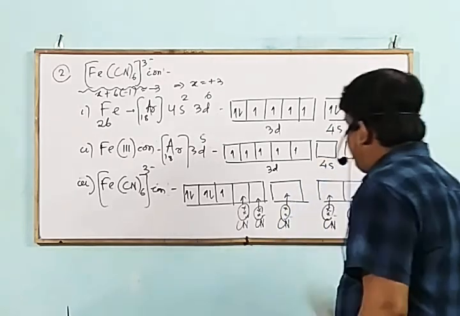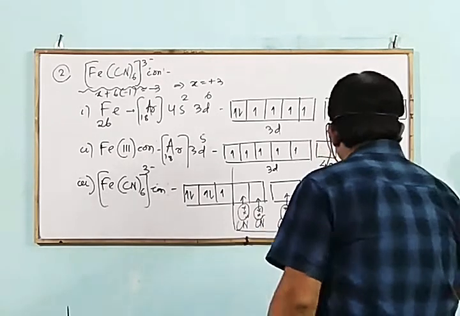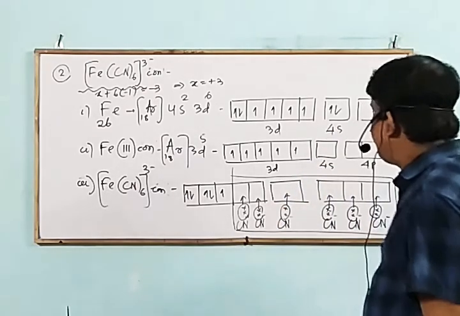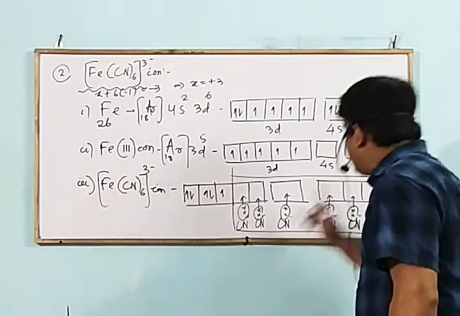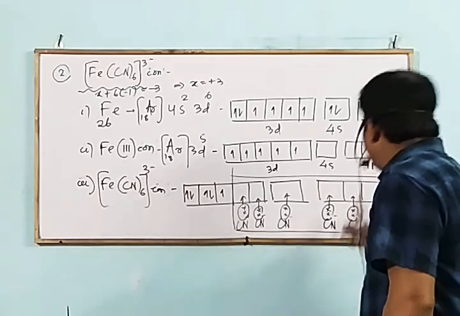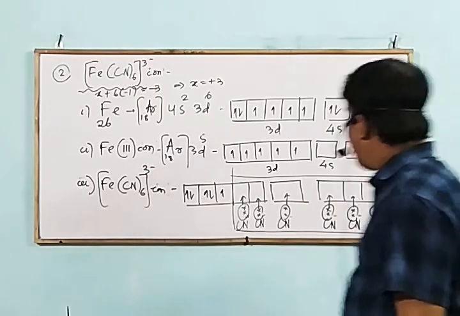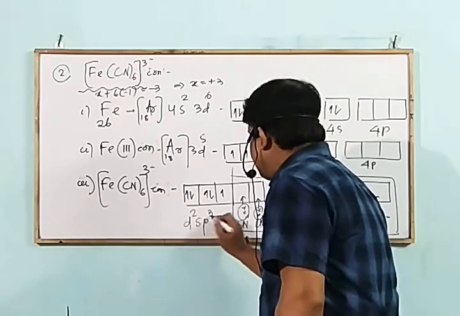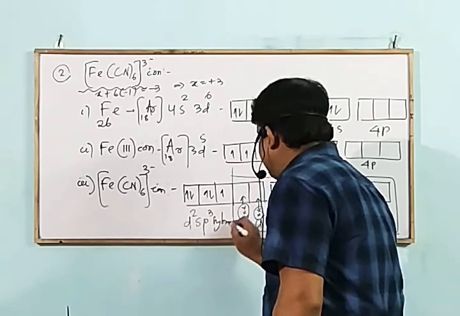From this diagram it is clear that 2 3d orbitals, 1 4s orbital and 3 4p orbitals get hybridized, resulting in d2sp3 hybridization.